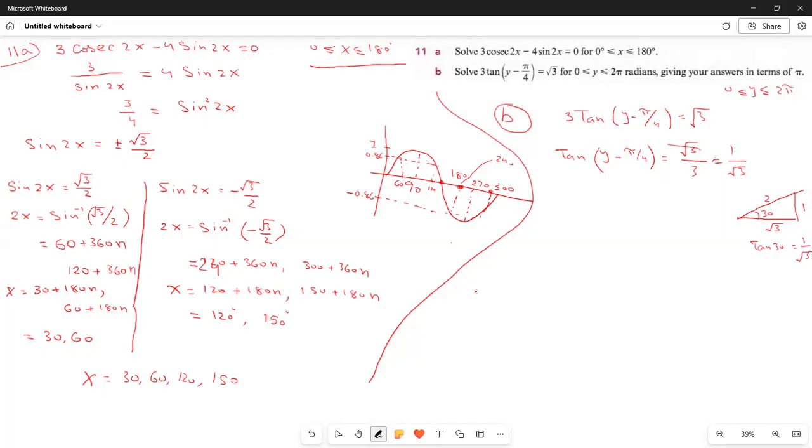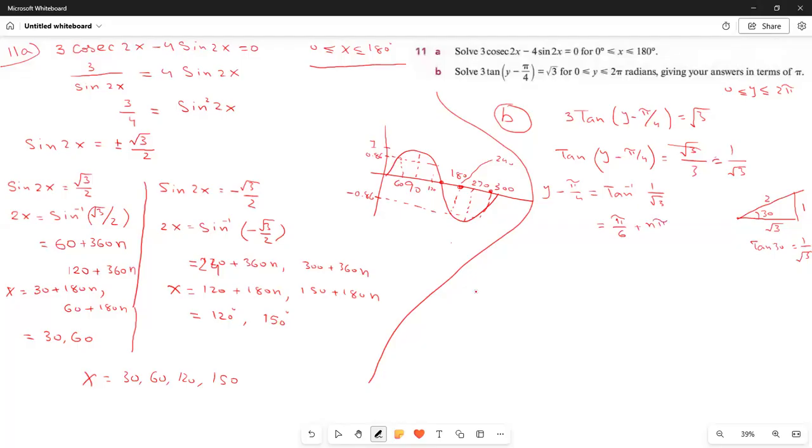So when I take y minus pi by 4, this is equal to tangent inverse of 1 over root 3. And 1 over root 3 is going to be pi by 6, we just saw. And of course the tangent function is a periodic function with period pi, so this is plus n pi.